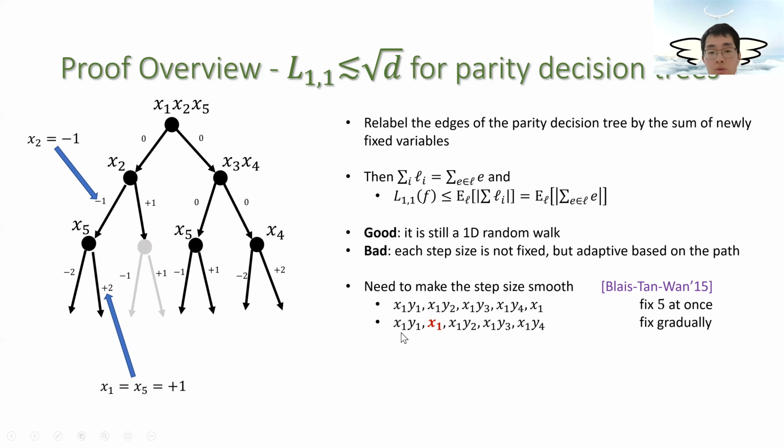However, if we query x1 right after x1 plus y1, and then make the queries x1 plus y2, x1 plus y3, and x1 plus y4, we will fix the variables gradually. And also for our purpose, the standard Azuma's inequality doesn't suffice, so we need some kind of adaptive version of Azuma's inequality to obtain concentration bounds.